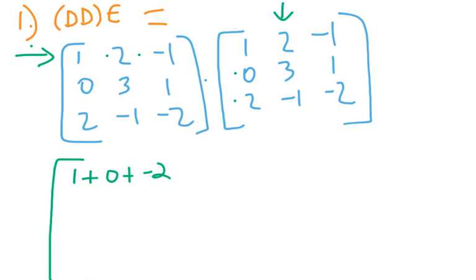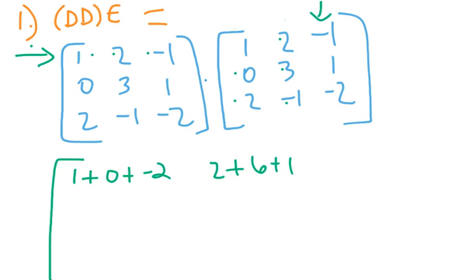Okay, so let's take a look. I have 1 times 2 is 2, plus 2 times 3 is 6, plus 1 times a negative 1, which is just negative 1. And we're done there. Moving on to our third column here.